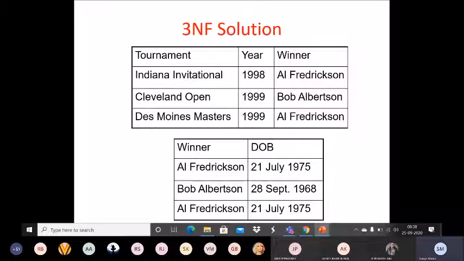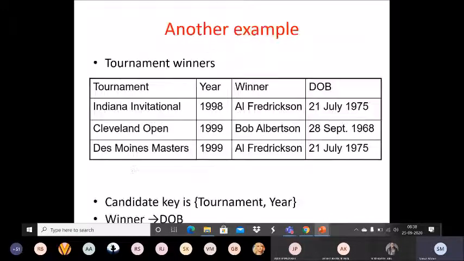Okay, so you understood this. So here you have to understand that no non-prime attribute can determine any other attribute.